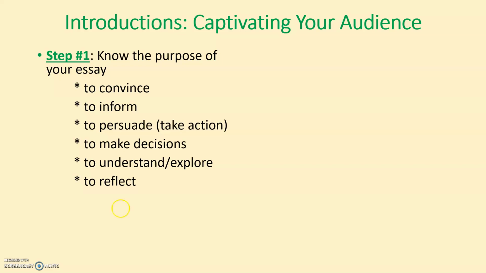Now, if you notice, there's typically about 6 purposes to choose from, and for the most part, your teacher might clearly identify what the purpose is that they're aiming for, but sometimes they don't, and you have to figure it out based on the way that the teacher has written the prompt.